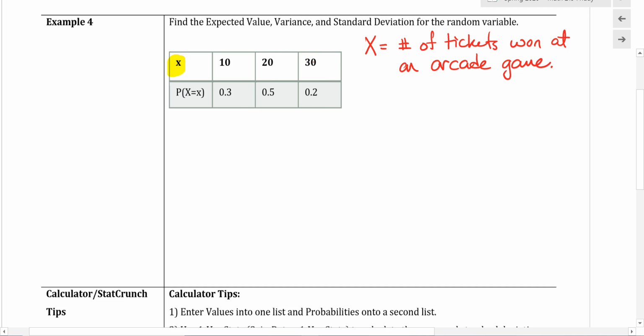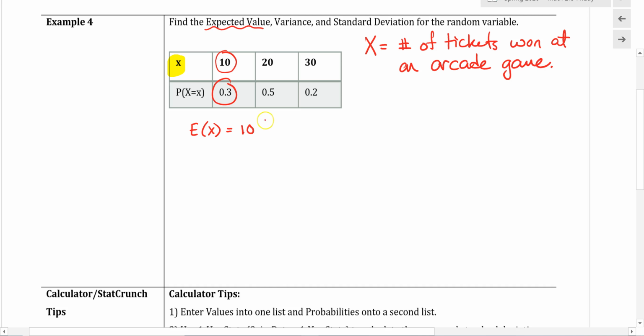Okay, so find the expected value. Remember, that's the mean, but I like the word expected value. So expected value of x. The way you find the expected value of x, again, is you take each data value, each outcome, times the probability of it occurring.